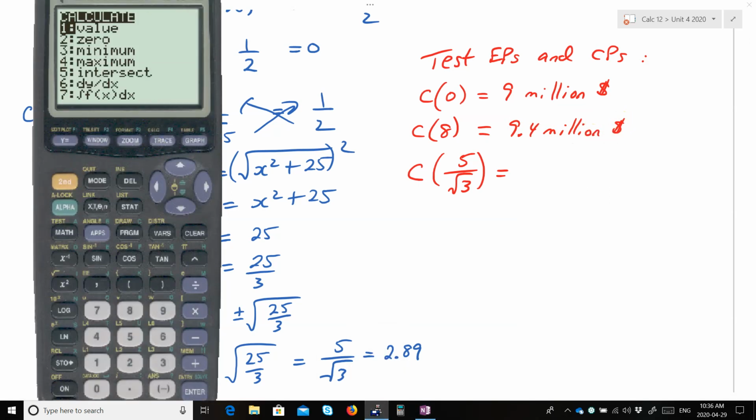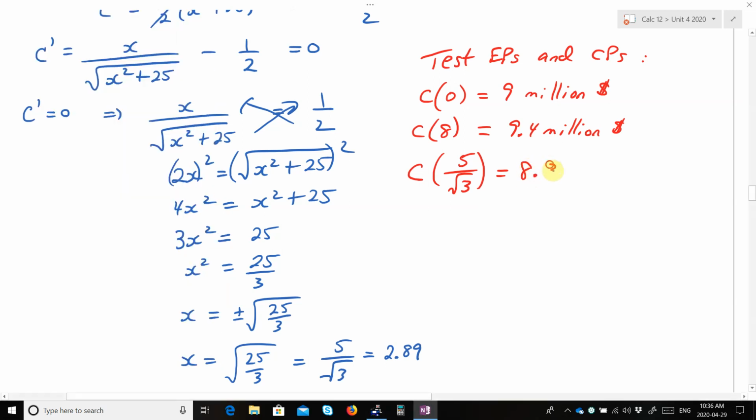And at the critical point, 5 divided by the square root of 3, we get $8.3 million. Awesome. There's our minimum cost.